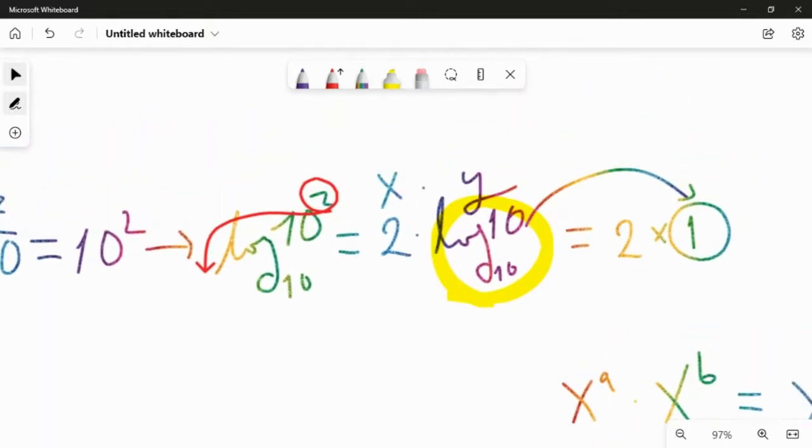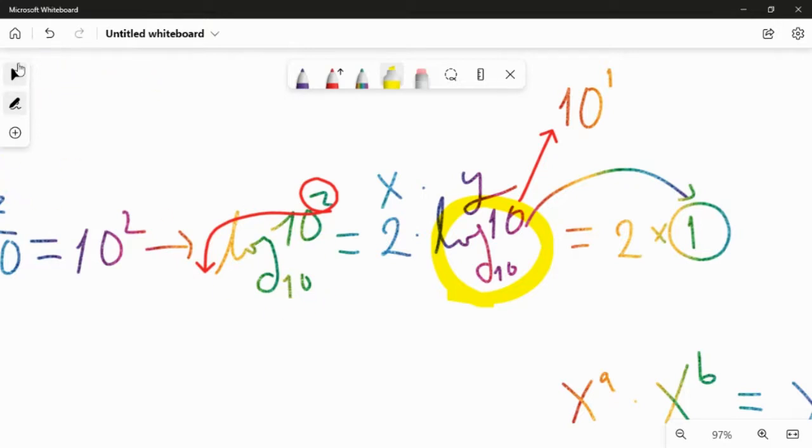Another way of saying this is 10 raised to 1, 10 to itself. So obviously it is 2, because 2 times 1 is 2.